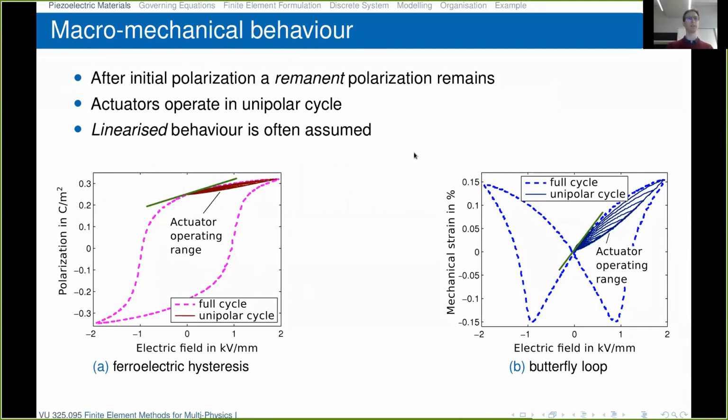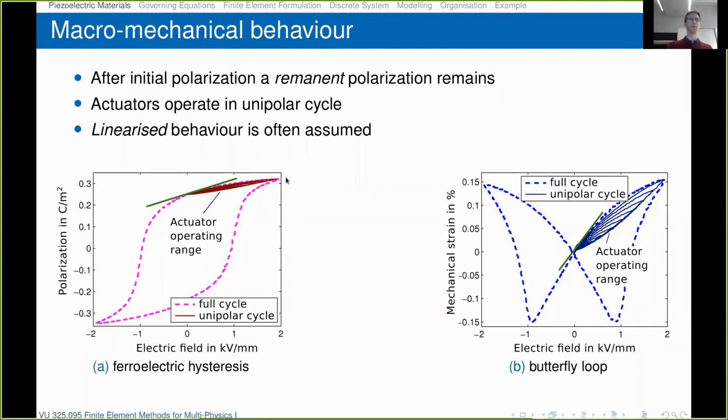So let's look at the macromechanical behavior of piezoelectric material. We'll focus first on the electric field versus polarization in the material. Typically, we start from zero electric field, somewhere in the center of this hysteresis loop. If we apply an electric field, we go up the virgin curve, which is not depicted, and at some point the polarization will saturate here.